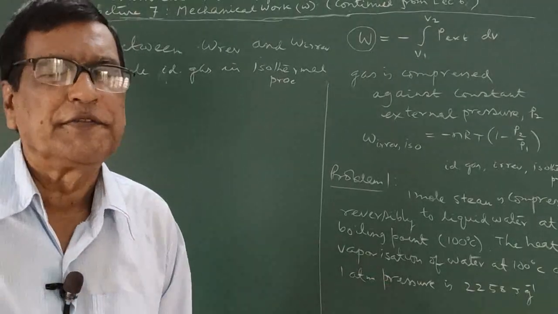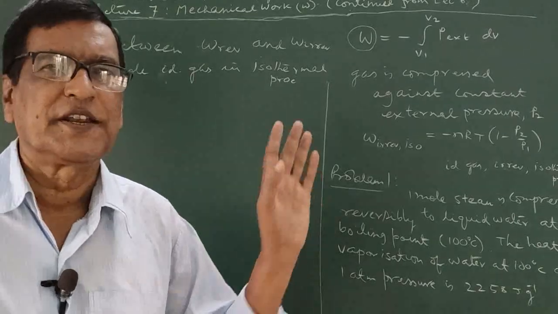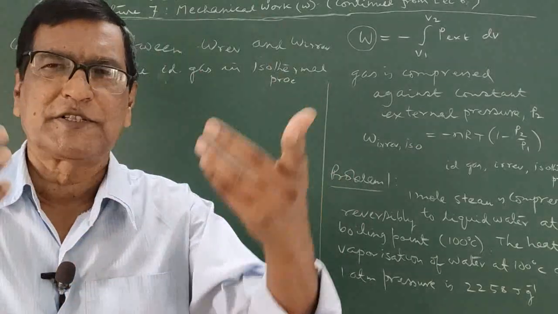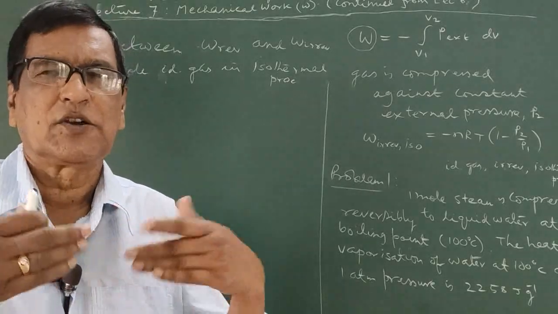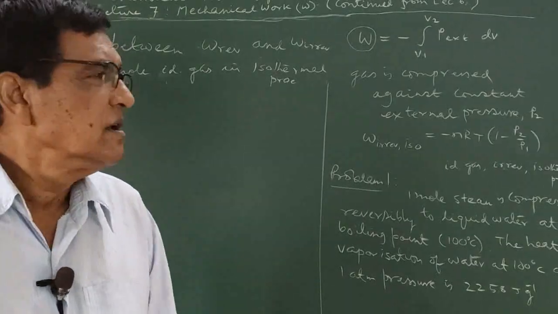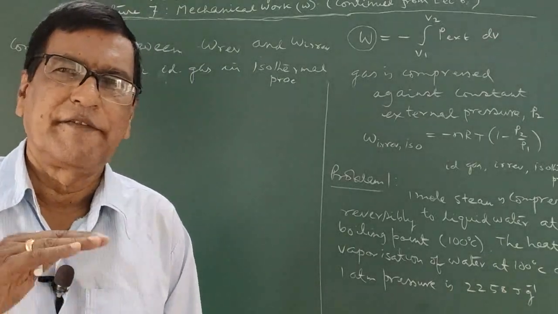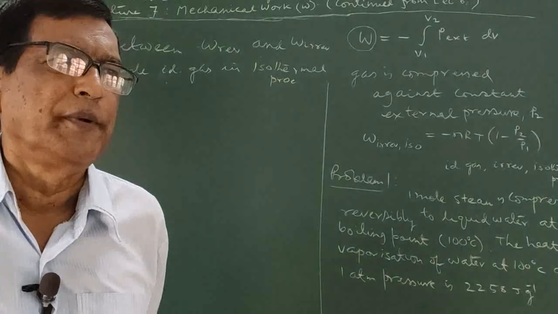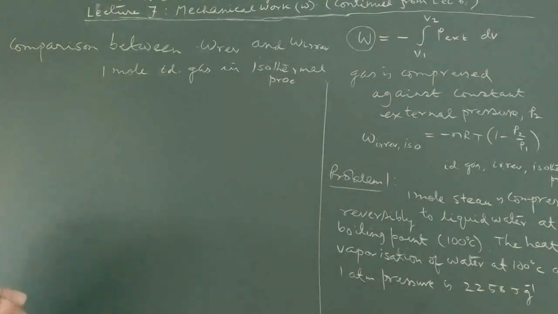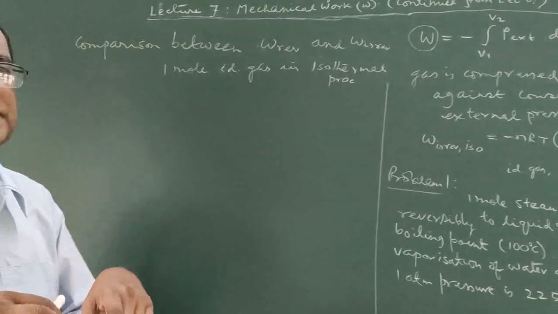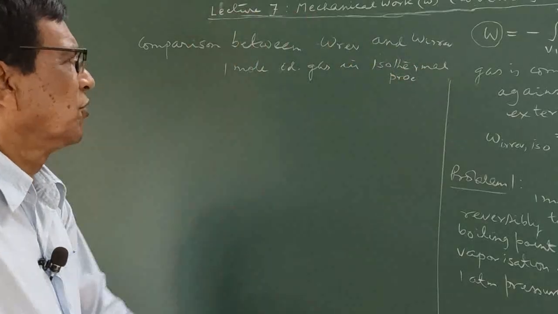And I have already defined the difference between reversible process and irreversible process. In case of irreversible process, the volume change occurs against a constant external pressure. But in case of reversible process, it is a multi-step process. In every step, the system attains equilibrium. So let us take a simple case, 1 mole ideal gas in isothermal process.